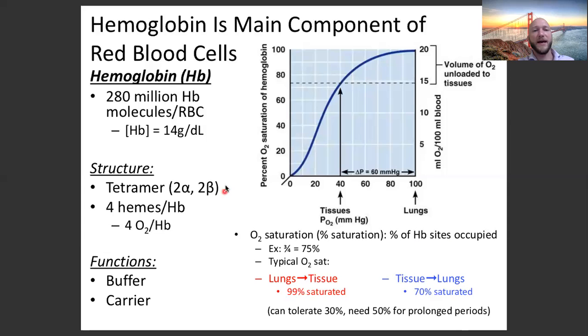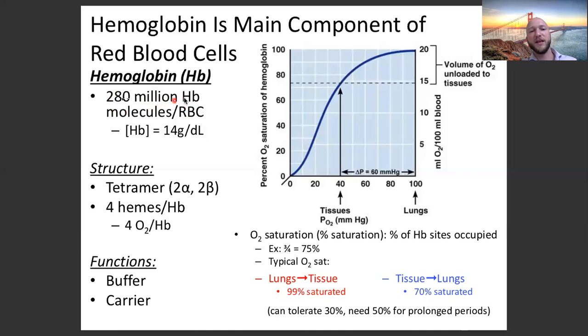If I had one whole red blood cell and there's 280 million hemoglobins in that one red blood cell, what would the saturation be if that red blood cell was, just to make the math easy, 25% saturated?